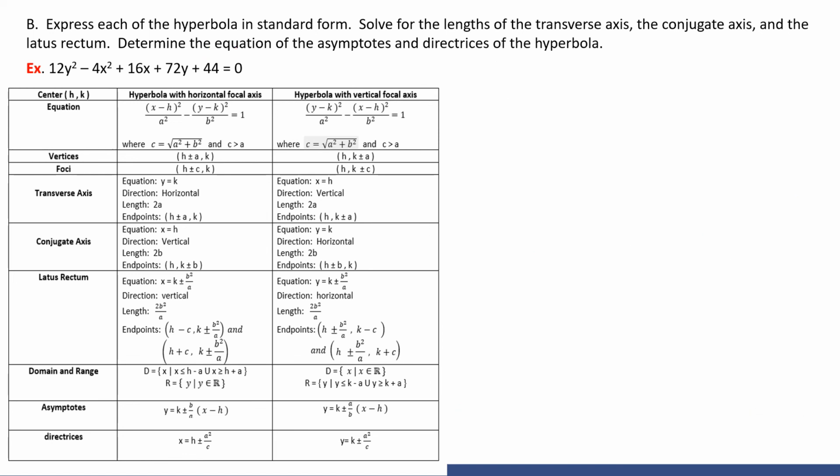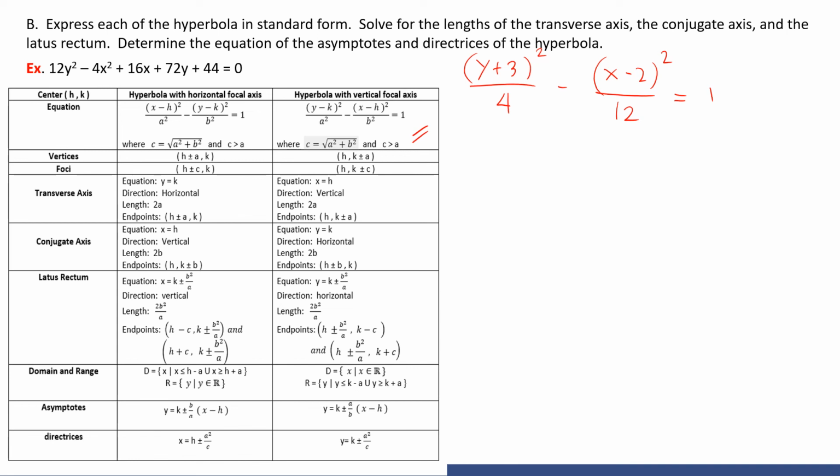Okay. We found out that the equation is equivalent to y plus 3 quantity squared all over 4 minus x minus 2 quantity squared all over 12 equals 1. Ibig sabihin, ano ang ating susundan na pattern? First or second? Siyempre pa itong second.